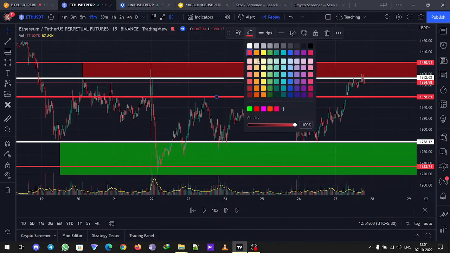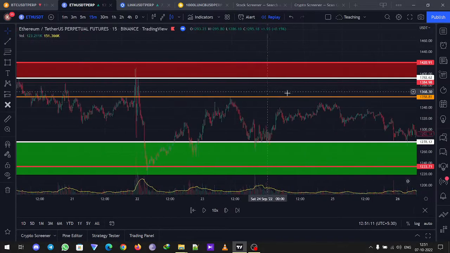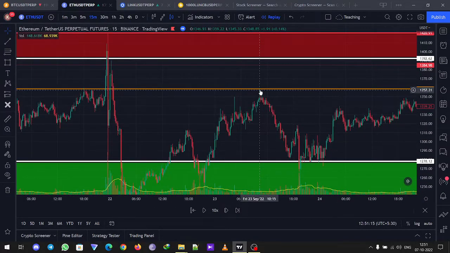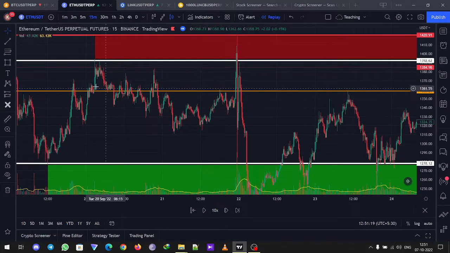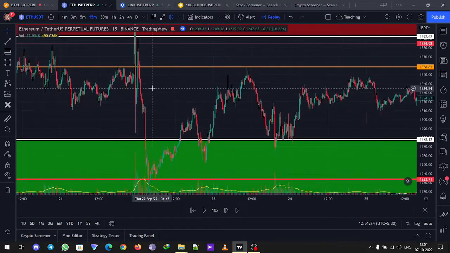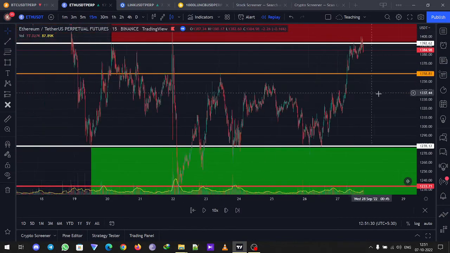Let's just change the color to yellow and make the line thinner. While marking these levels, you must remember that the market should hit these levels every time whenever it bounces back in the opposite direction from them. So this is our first level.